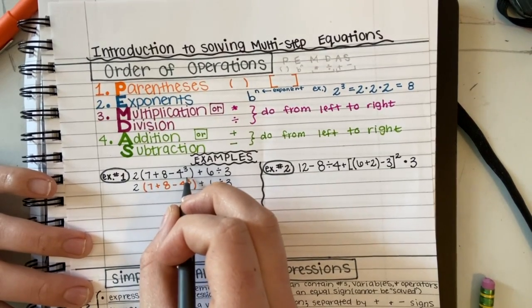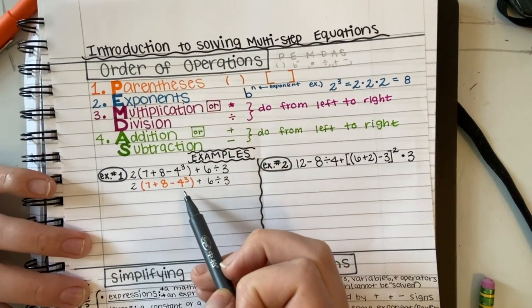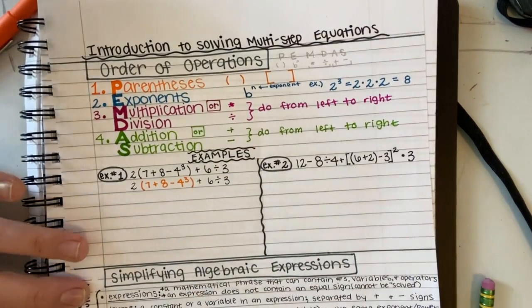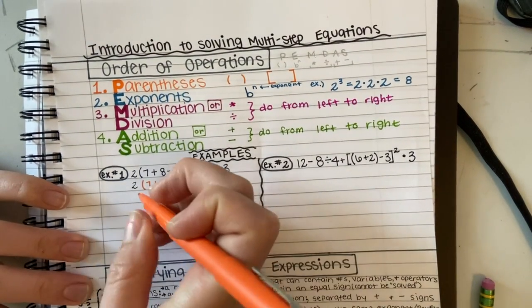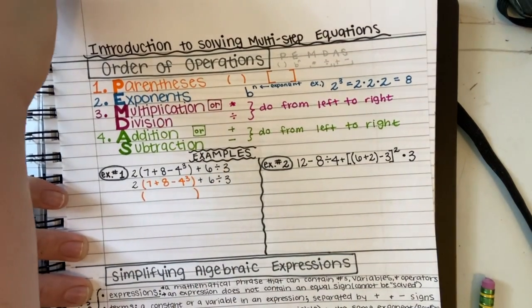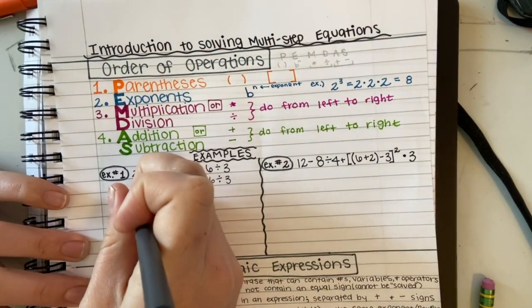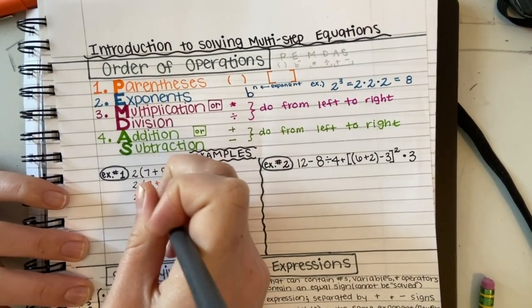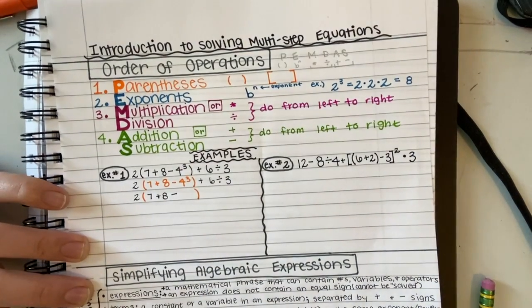Now looking inside of this, I don't have another set of parentheses, but I do have an exponent. So I'm going to do that exponent first. I'm going to leave my parentheses in orange, and I'm going to fill in the other colors. And then I'm going to do my exponent.